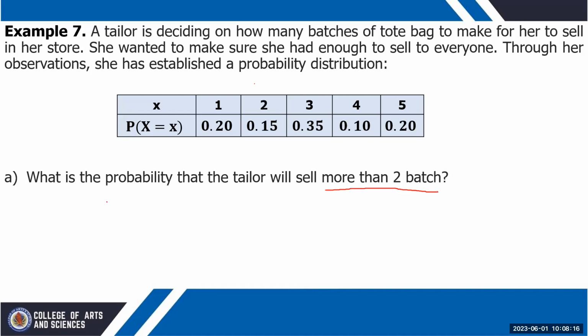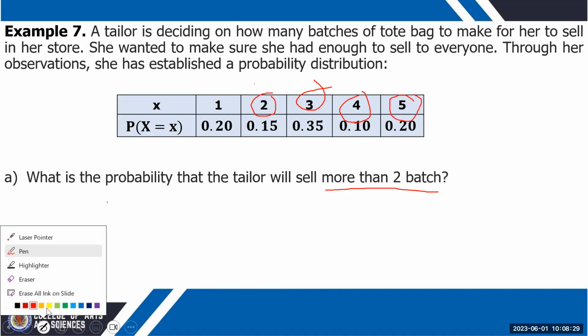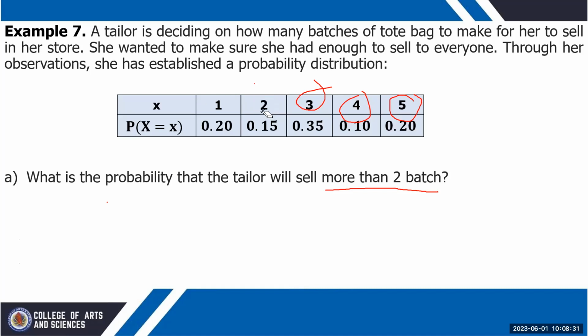Ibig sabihin, ang pwede niyang mabenta is 2, pwede rin namang 3, 4, or 5. Pero pag sinabi nating more than, ibig sabihin, we're not gonna include 2, kasi dapat mas marami daw. So, include lang natin si 3, 4, 5.